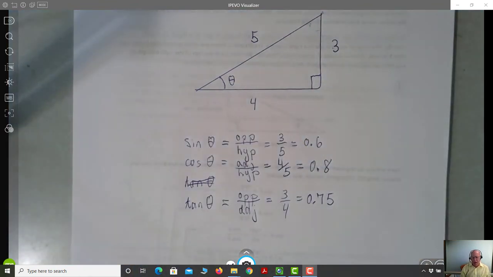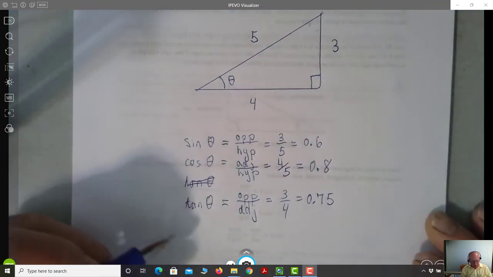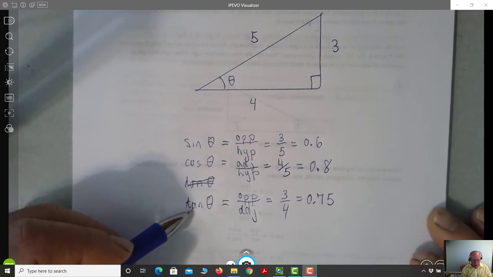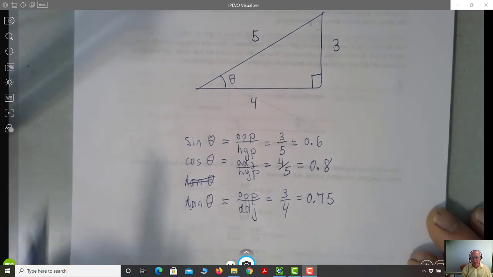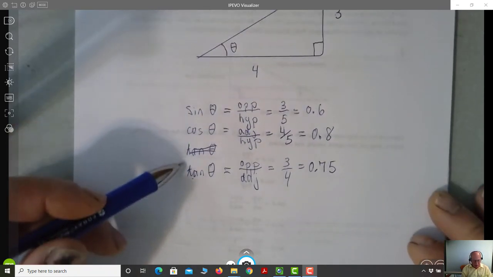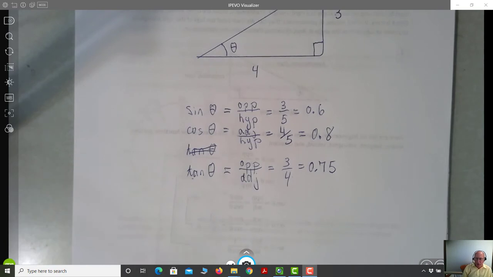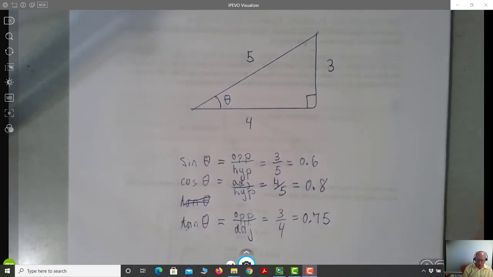Now, there are 3 more: the cotangent, the secant, and the cosecant. I'll get to them in just a minute, but let's just work with these three right now. I want to show you just very quickly why it is that people care about trigonometry, or at least one of the reasons.